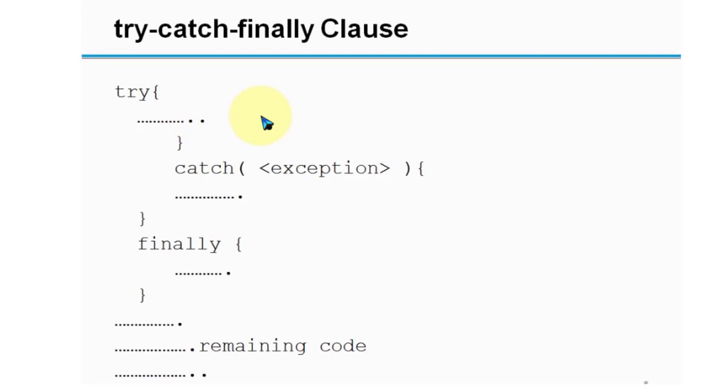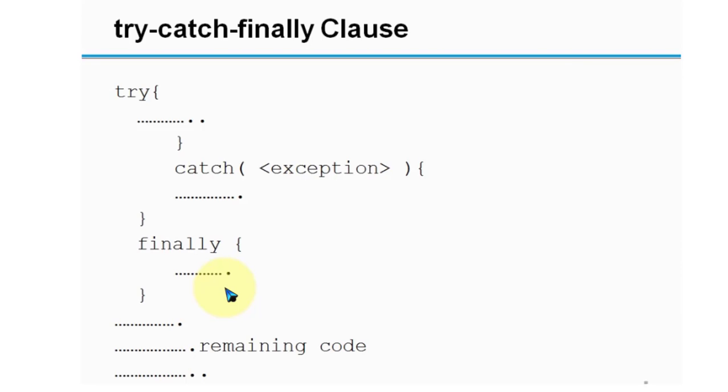Then if an error occurs, the catch block will handle it. The rule for writing the catch block is, if you know exactly what type of exception may be generated, you write that catch block. If you are not sure, you write the Exception class and e object, that is the generic, super type catch block. And after the catch you can write a finally. Within the finally you can write the code which you want to execute at any cost.